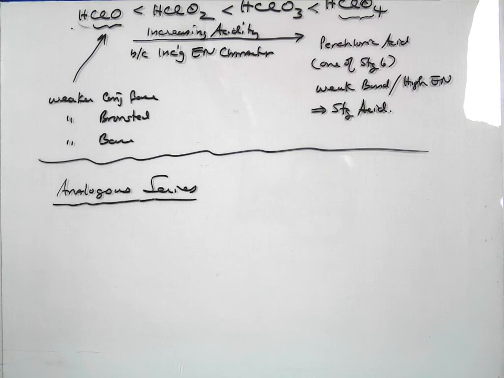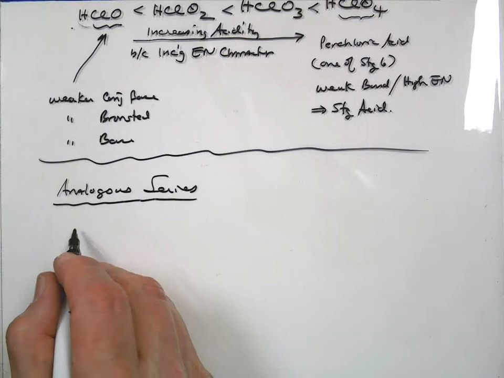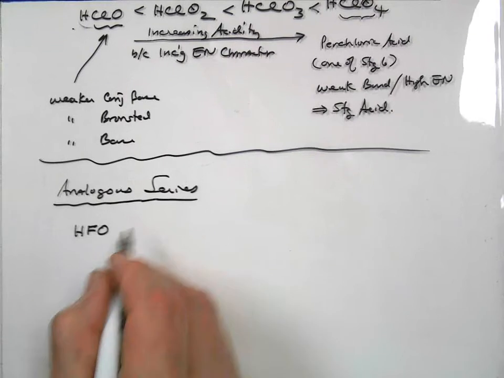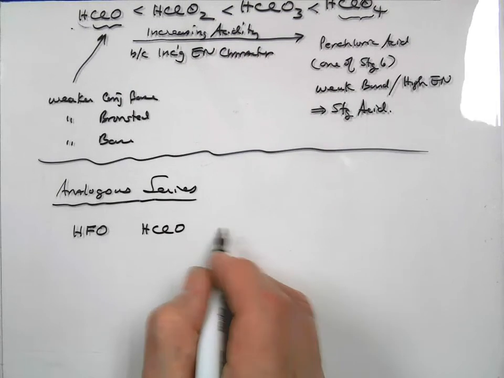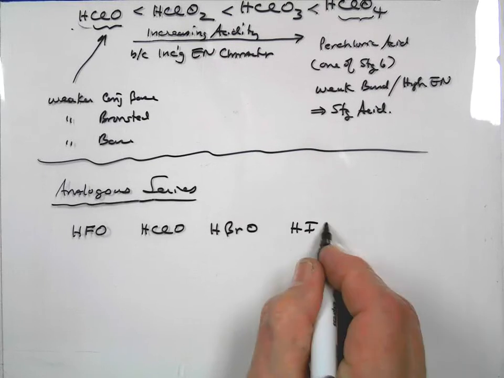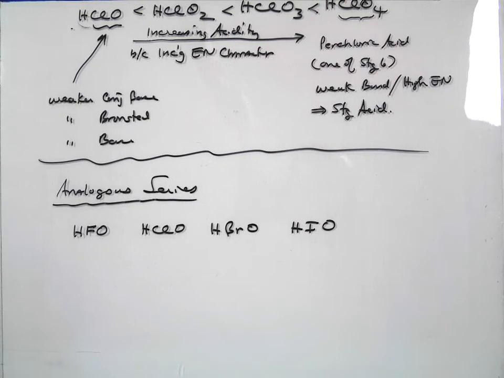If you had, say, HFO, HClO, HBrO, and HIO in consideration for a question, okay, who in there would be the strongest acid, and who in that collection would be the weakest acid in that context?